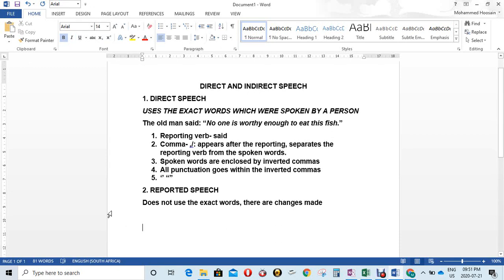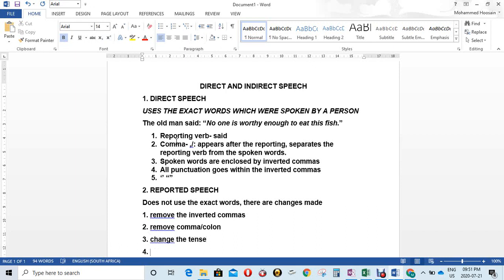Firstly, you're going to remove the inverted commas or quotation marks. Number two, we are going to remove the comma or colon. Number three, we are going to change the tense of the sentence.